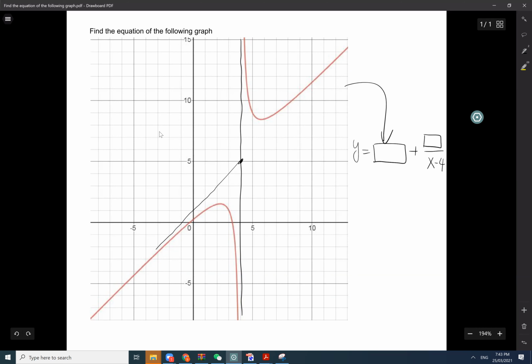Is this one, guys? Yeah, it's symmetrical.